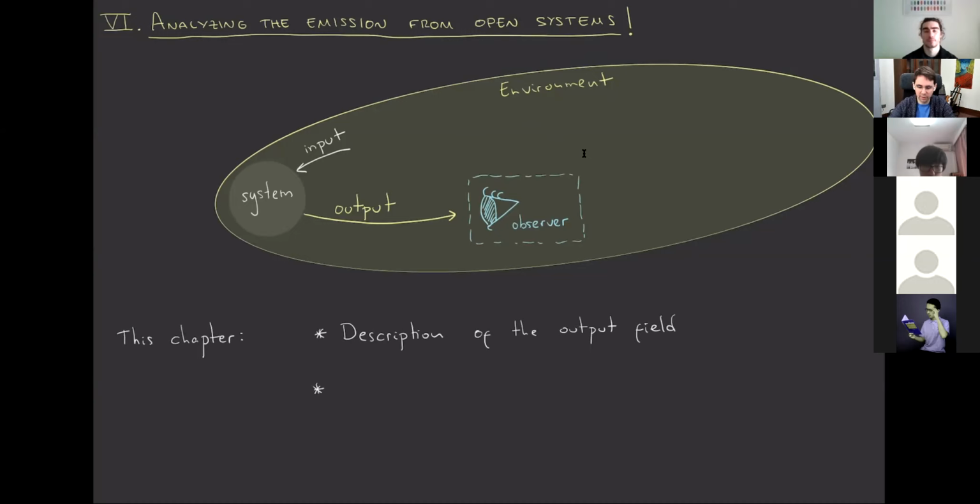Once we understand how to describe the output, what we need to learn is how to describe the observation. In particular, we will talk about one specific type of detection that is very important in quantum optics, called photodetection. And through photodetection, we will talk about some phenomena that you might have heard of, which are bunching and anti-bunching.